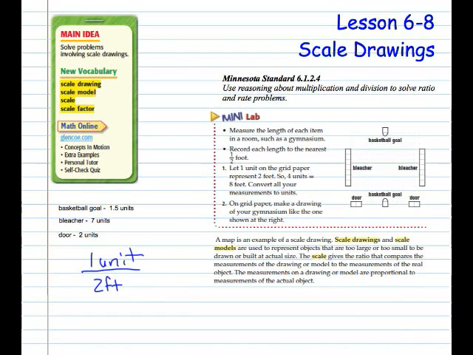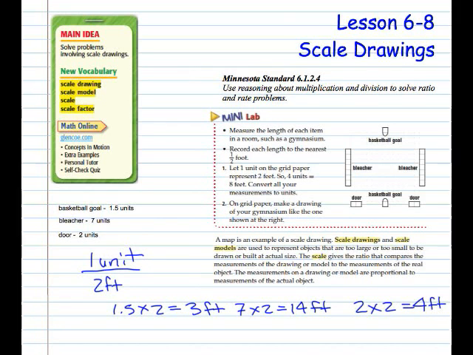In our first example, we're going to do 1.5 times 2, which means the basketball goal is 3 feet. In our second example, we're going to do 7 times 2, which means our bleachers are 14 feet. We should label these all feet. And in our third example, the door is 2 units times 2 feet, which means our doors are 4 feet in length.